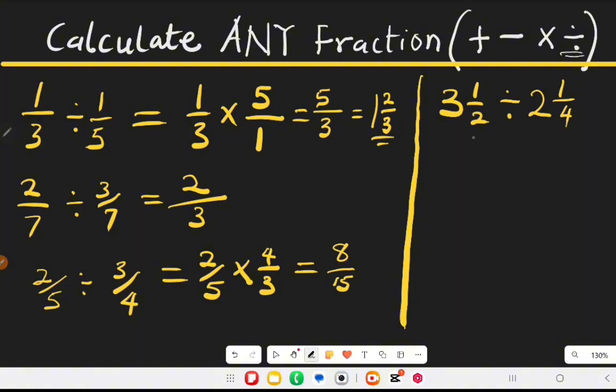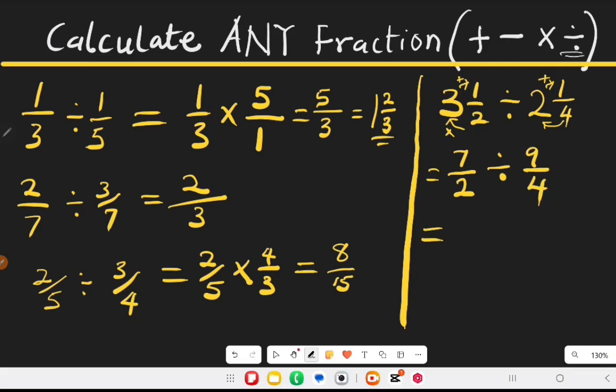What we do here, we change to improper fractions, meaning 2 times 3, which gives us 6, plus 1, which gives us 7, all over 2, divide by the second fraction, which we change to improper fraction: 4 times 2 gives us 8, plus 1 gives us 9, which is 9 all over 4.